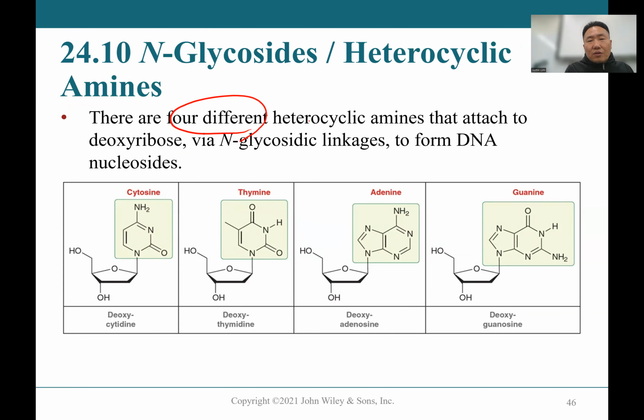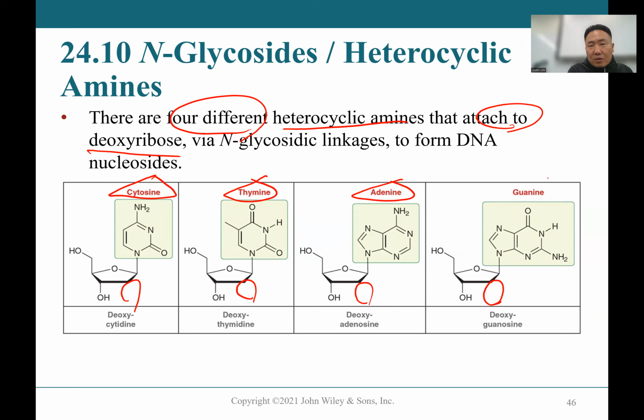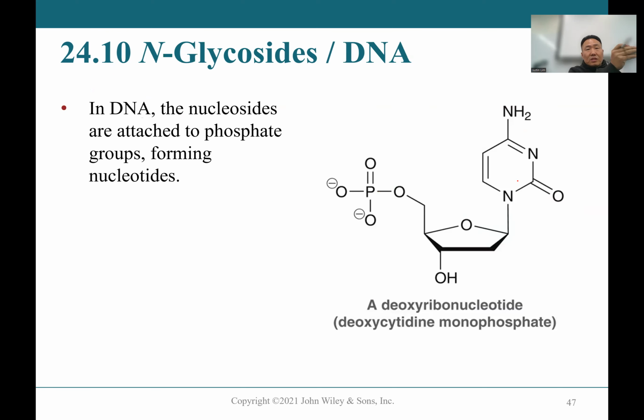There are four different heterocyclic amines attached to deoxyribose. You can see four different heterocyclic amines. This is cytosine, this one thymine, adenine, guanine. In DNA nucleosides, you can see cytosine, thymine, adenine, guanine. In DNA, nucleosides are attached to a phosphate group.